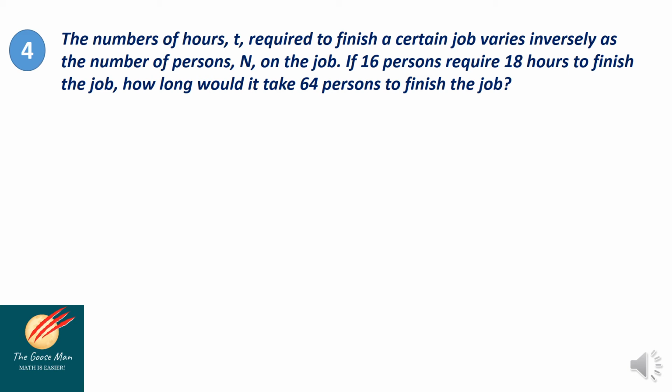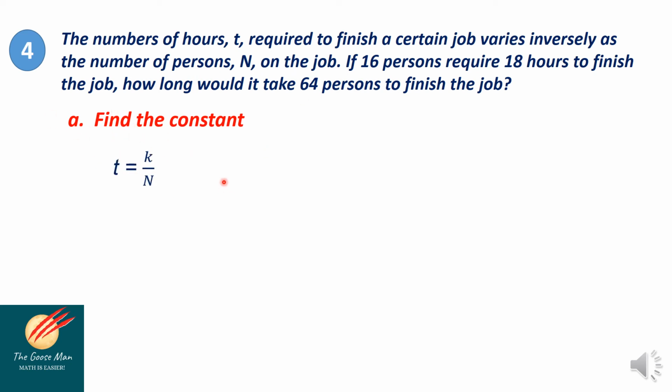The number of hours t required to finish a certain job varies inversely as the number of persons n on the job. If 16 persons require 18 hours to finish the job, how long will it take 64 persons to finish the job? So let's start with our equation. To get the equation, we will determine the constant.